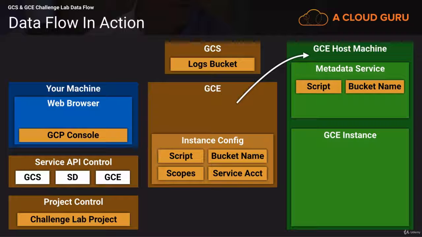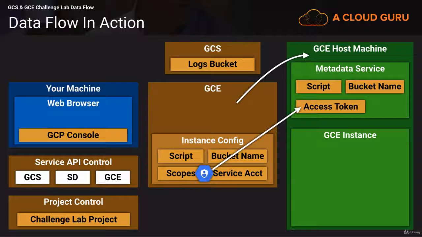But when it comes to the scopes and the service account, there's a little bit more that goes on here. In particular, the identity and access management service comes into play, and it combines the scopes and the service account together to create an access token. Now, fundamentally, what this access token allows is for whoever holds it to act as that service account, but scoped down to whatever those scopes would allow.